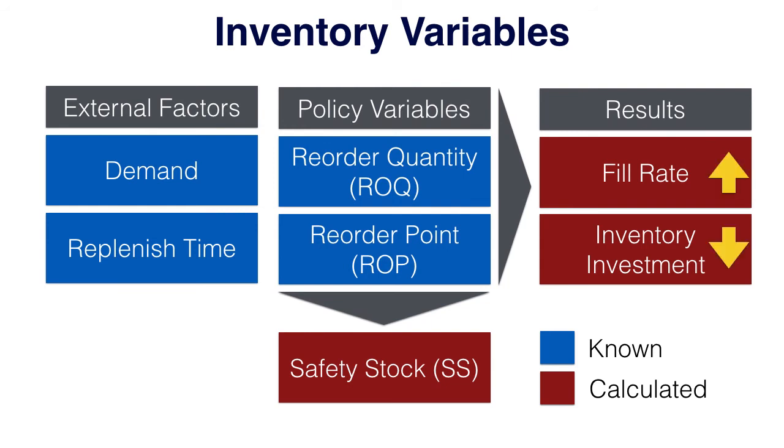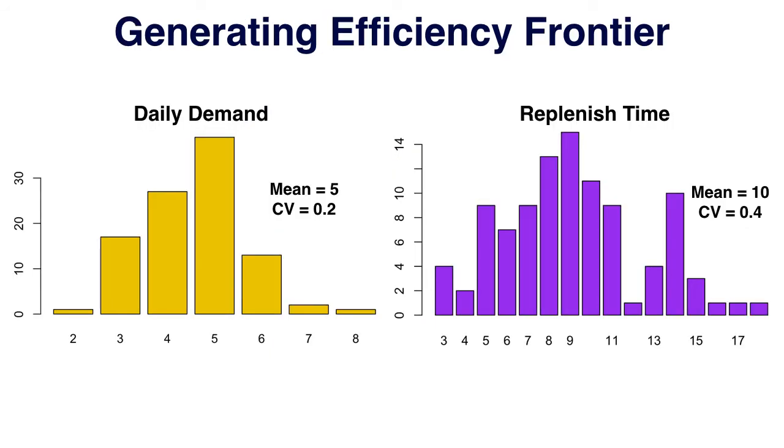We want to increase the fill rate, we want to reduce the inventory investment. So let's take an example here. I'll take an example and show you how I have generated an inventory efficiency frontier. Now let's take demand and replenishment time.